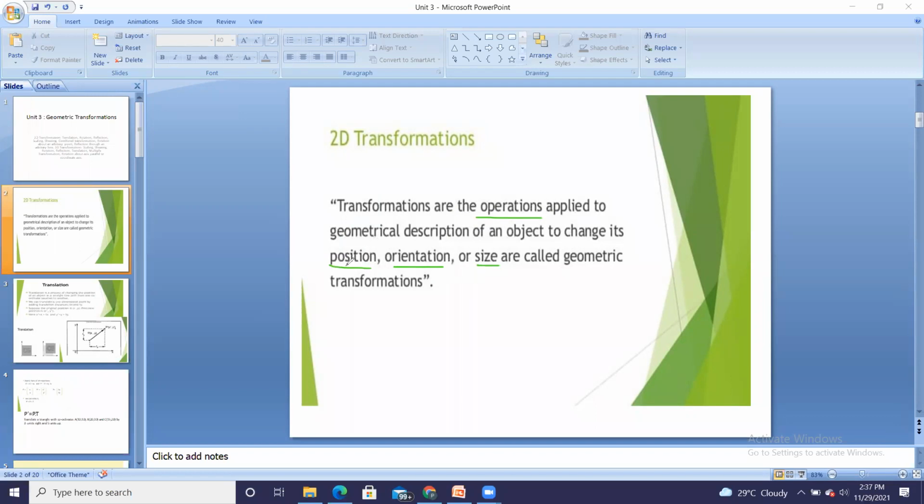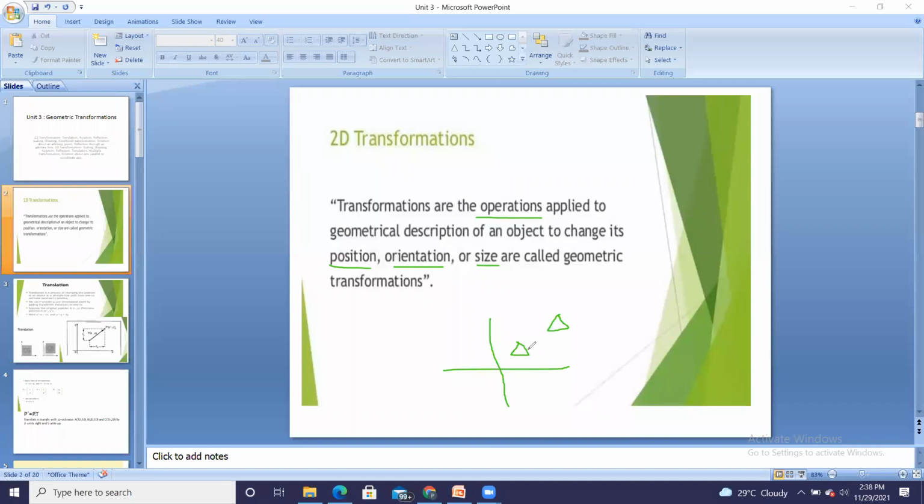When there is a change in position, we call it translation. Whenever the position is changing, for example, this is your object, which is a triangle, and I am going to move it to some other location.